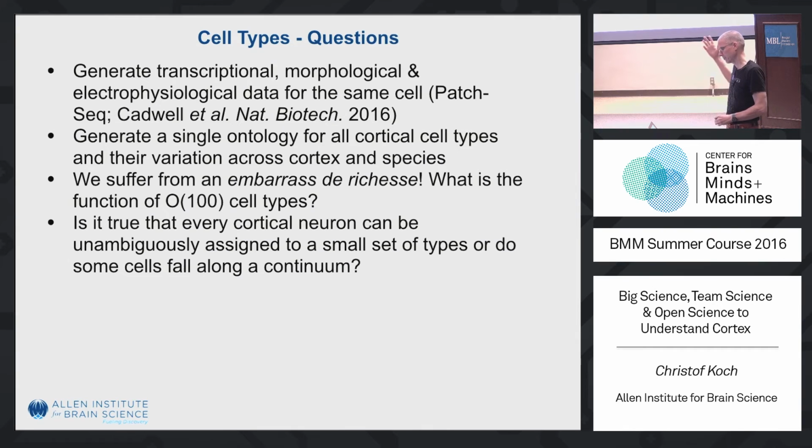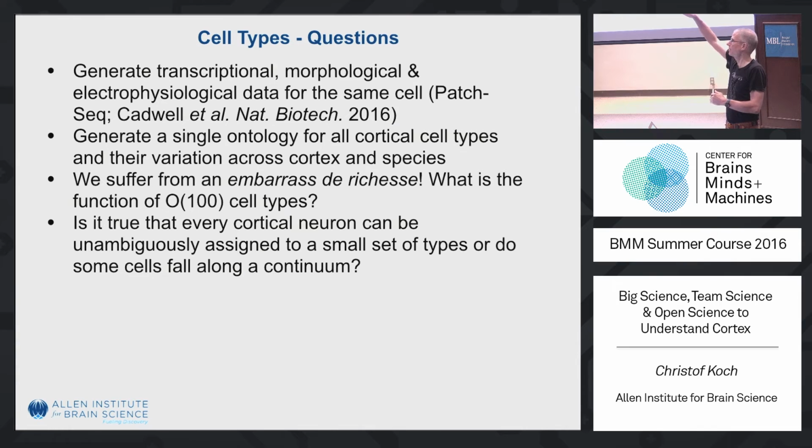So I think it's only interesting if it's a small number, if the number of cell types is much smaller than the number of cells. Or is it true that some types of cells fall on a continuum, which you can also see in some of the transcriptomics data? If you look at layer 4, we looked very hard in layer 4. It's very difficult to find discrete clusters in layer 4.